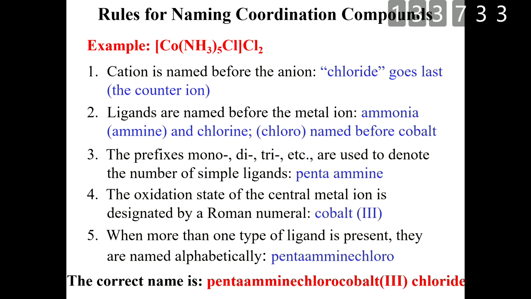For example, the chloride basically has a -1 charge, and we know this is neutral. So here there are total 3 chlorides. So 3 chlorides is -3. So the cobalt should be +3.